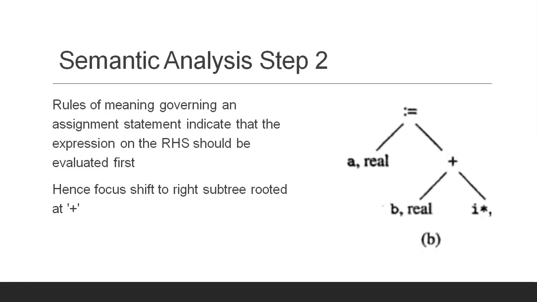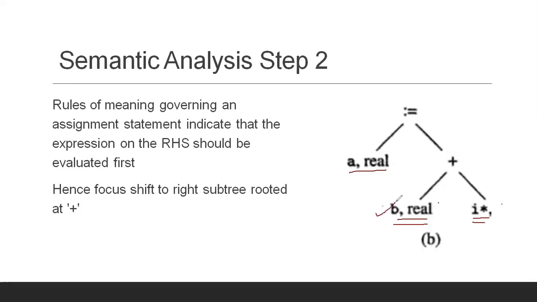Now here you can see that A is real, now don't worry about it. B is real. Now here I star is mentioned. Why is I star mentioned? Because I is of type integer. So integer and real cannot be added together. That's why I is converted to I star, giving the type real.